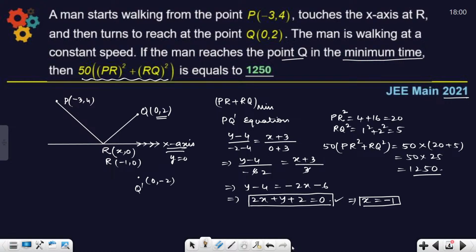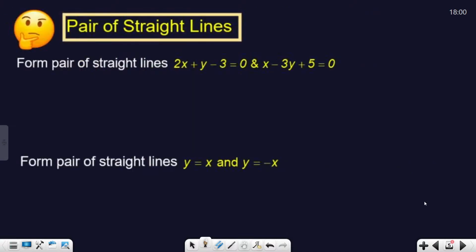Now let us jump straight to the last part of straight lines, which is pair of lines. Suppose we have been given two equations. This is one equation, this is another equation. Clearly, these are the equations of two straight lines.